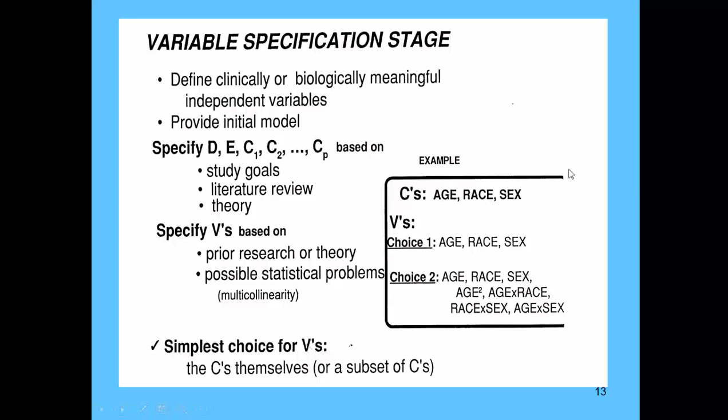When would you want to make sure you put in an age square? Well, if it turns out from previous studies of similar health outcomes and similar variables that age looked like it had a parabolic, not a linear relationship, but a curvilinear relationship, then you might want to consider age square.